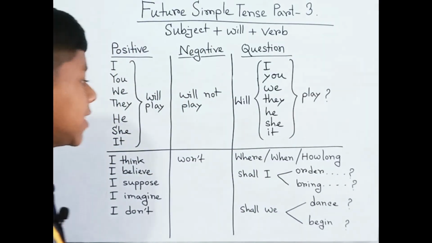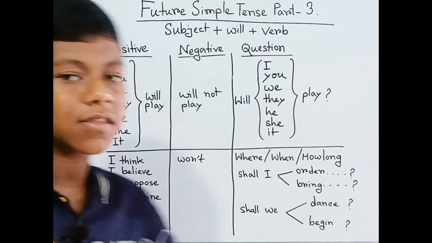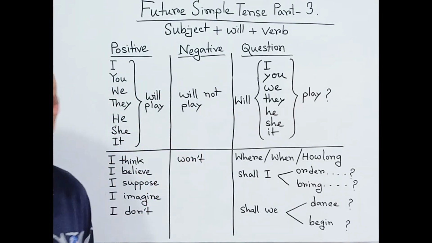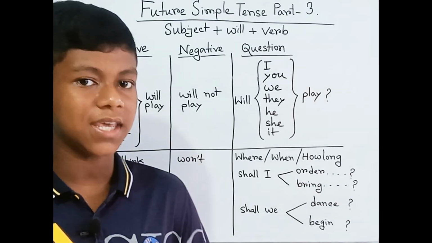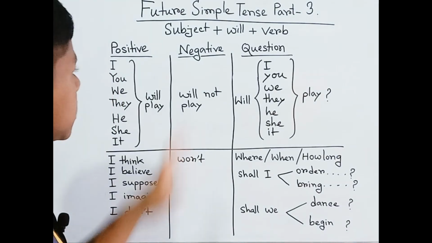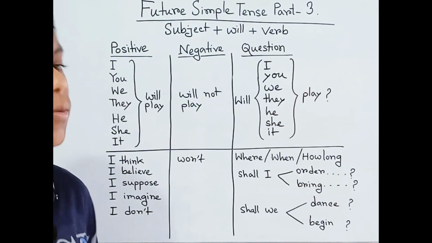So first of all, like every tense, I have divided this into the same sections: positive, negative, question. We can start from the positive, but before starting we have to see the structure. Here's the structure: subject plus will plus verb.